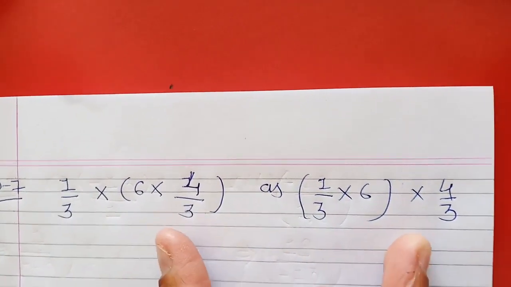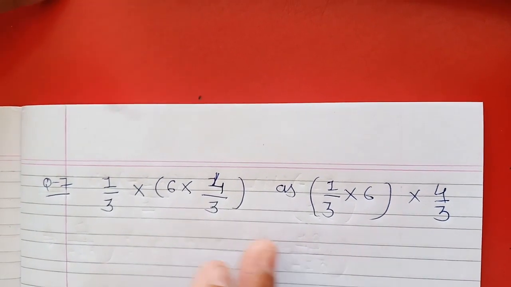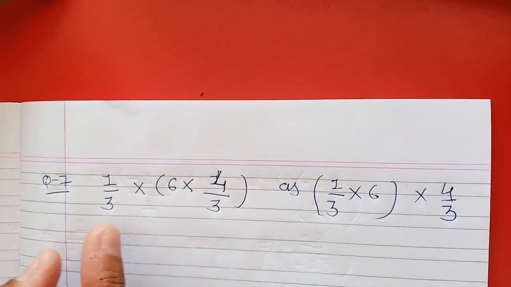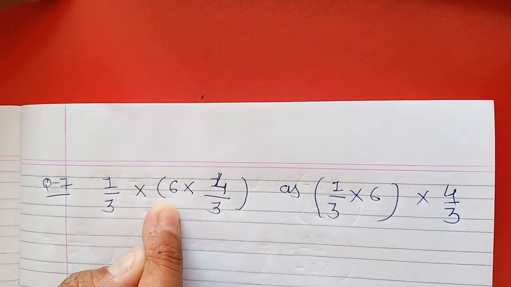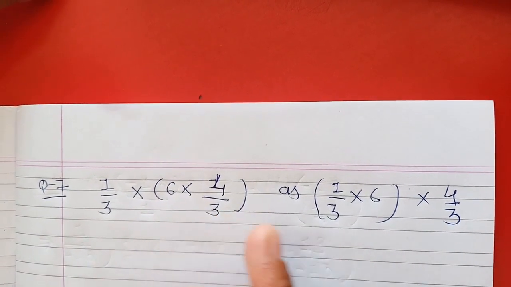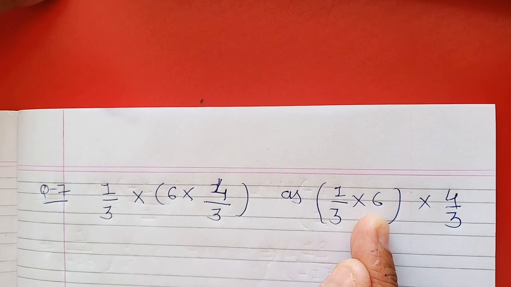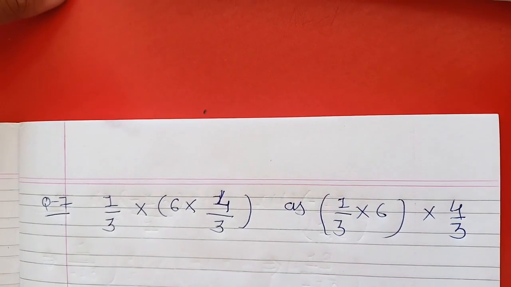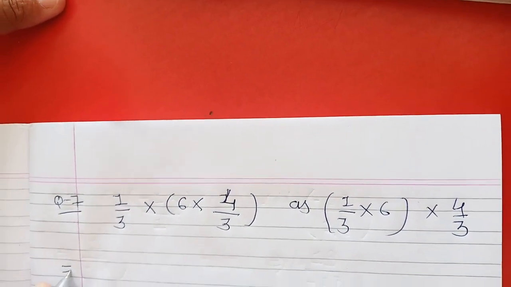Both expressions are the same, but only the grouping is changed. Here the group of the second and third term is there, but here the group of the first and second term is there. Everything else is the same. So which property is used here?